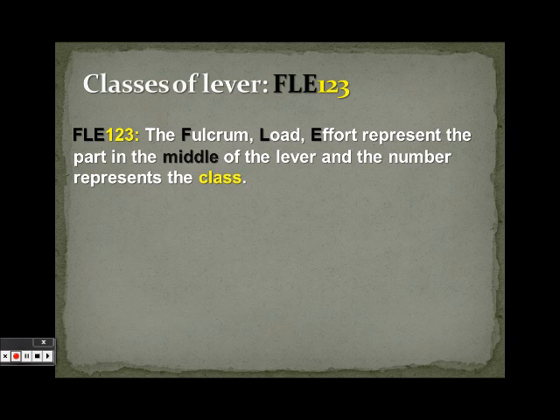The fulcrum matches up with first, load matches up with second, and the effort matches up with third. Now, whatever it matches up with will determine what is in the middle of this lever. The middle is a relative term because it's not going to actually bisect it, but it's going to be in between the other two.